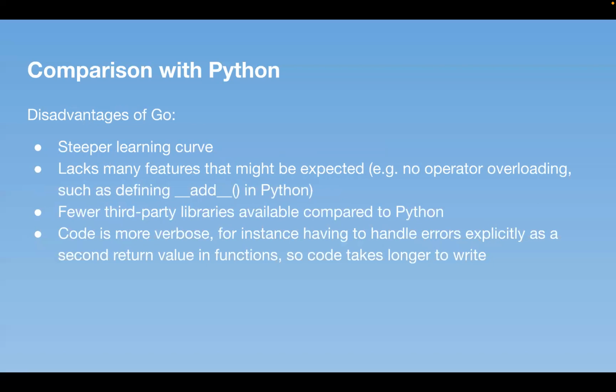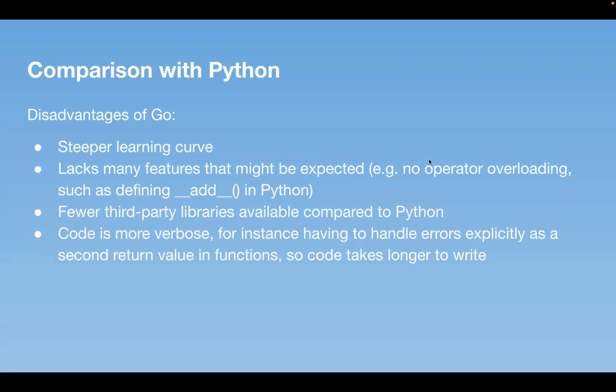Of course, it does have some disadvantages compared to Python. It's got a slightly steeper learning curve, but not dramatically so. It's certainly not in the same way as C++ or Rust or another low-level language. Another disadvantage is it lacks many of the features you might expect. One example I've given here is operator overloading.